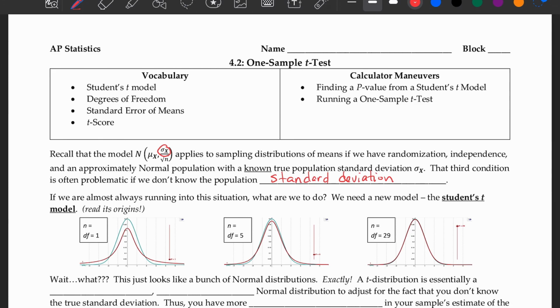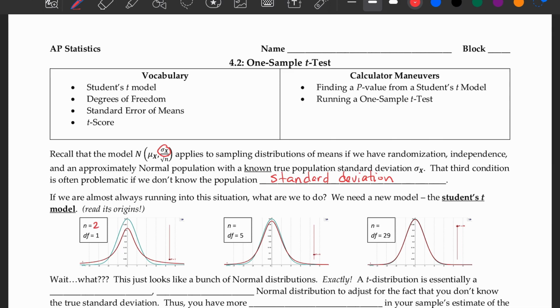For this first one, in red, there is a shorter curve with these longer tails, and then in this bluish green or teal color, that's the normal model for all three examples. This first one has a sample size of just 2, and you can see that its degrees of freedom are 1. DF stands for degrees of freedom.